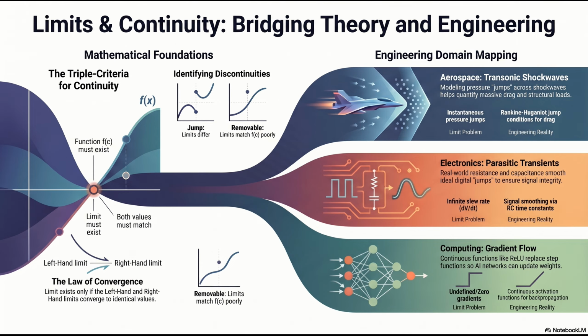Wait, I have to push back on this a bit because there's a fascinating contradiction here between the math and the physical universe. How so? Well, microscopically, down at the level of individual air molecules, the universe is still perfectly continuous. Like, the nitrogen and oxygen molecules are still colliding smoothly. They don't just magically teleport from a low-pressure state to a high-pressure state without passing through the physical states in between. That's true.